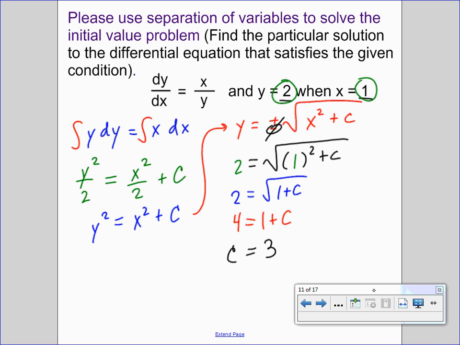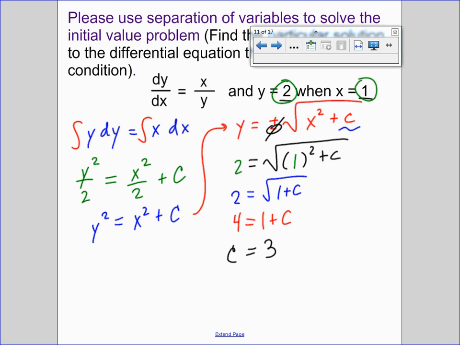This means that once I had solved for y and got the general solution, I plugged in my initial condition, my initial value. I solved for c. I can now rewrite this red arrow one with the value of c that I found, 3. So now I need to go back and write the function that we nailed down now. There's no general solution. We found the particular solution, y equals. What is it?